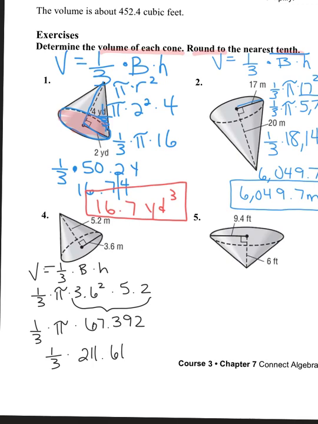So divide that by 3. And we get 70.53. But remember, we're only keeping it to the tenths. So it's going to stay 70.5 cubic meters.